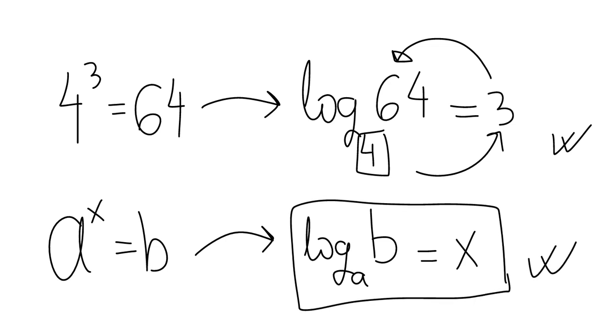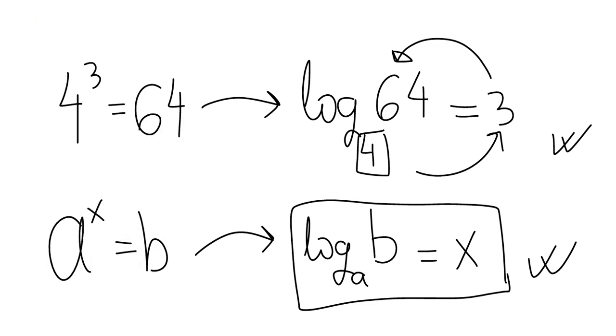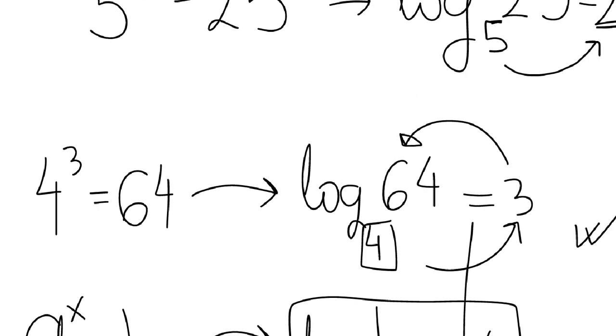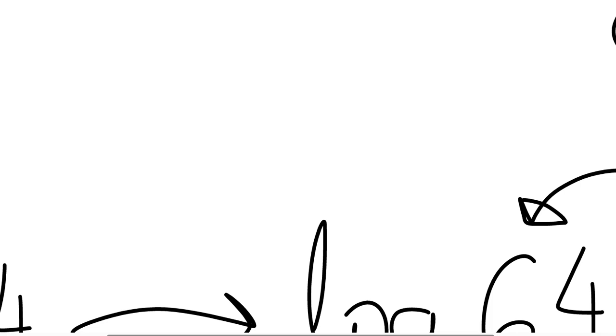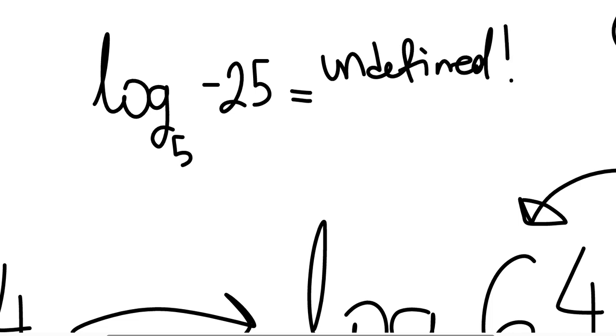All right. If this is clear, then before we move on, let us clarify that, for example, logarithm of, let's say, minus 25 for the base of 5 is undefined. Why is it undefined?